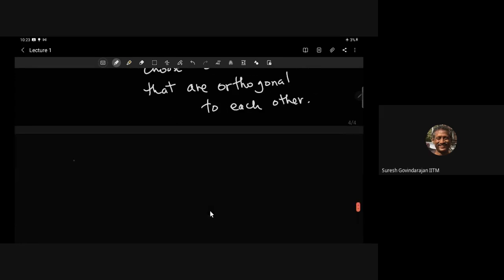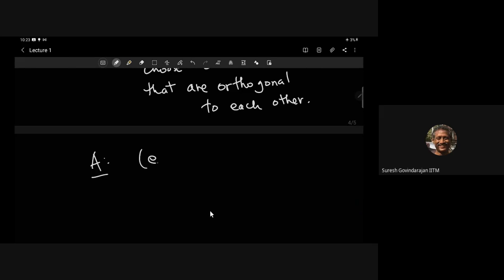Okay, so let's say that A chooses e1 hat, e2 hat, and e3 hat. And the key point here is that this is a right-handed triad, right? What does that mean? First, let's write something. ei dot ej is what?